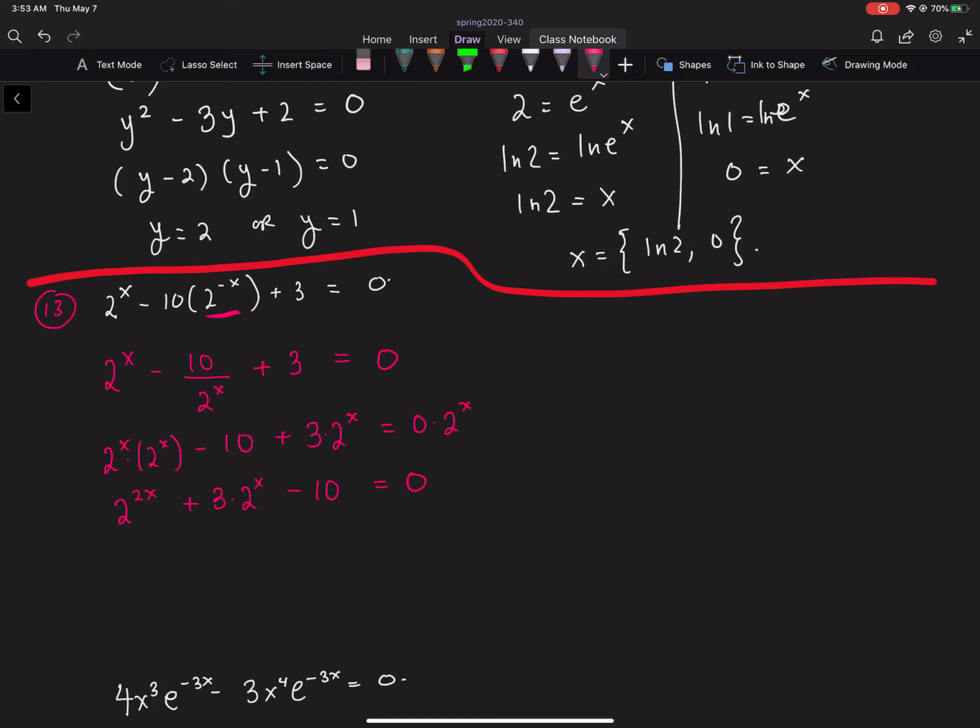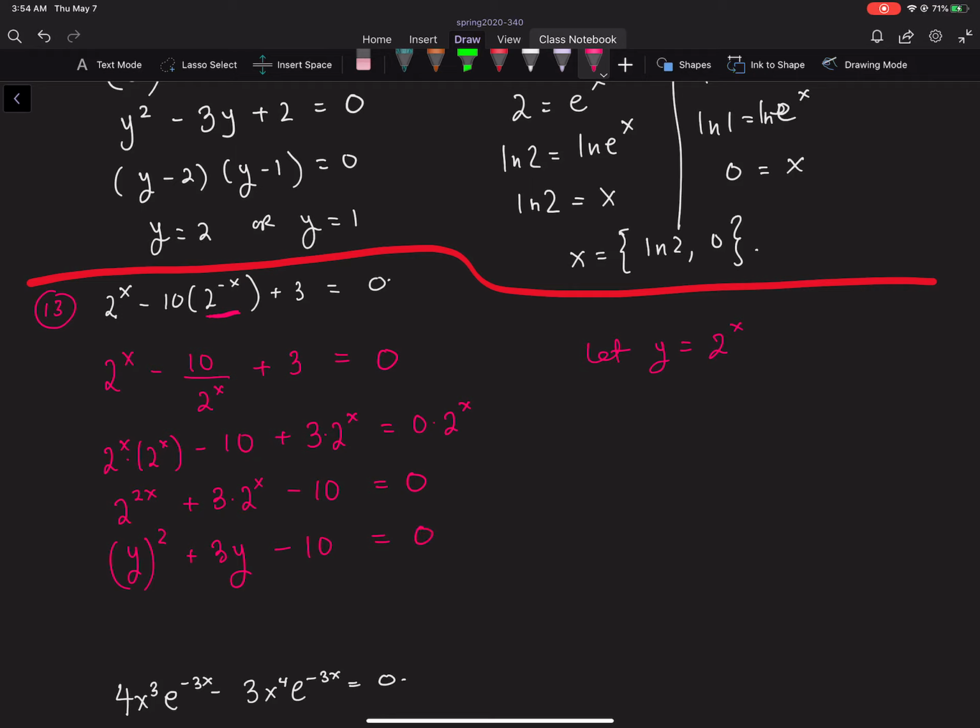So with this new equation, you can clearly see that if I let y be equal to 2 to the x, I see that this is the same as y squared plus 3y minus 10 is equal to 0.